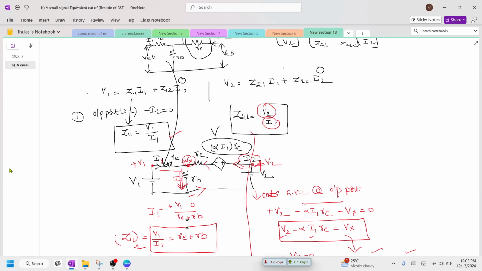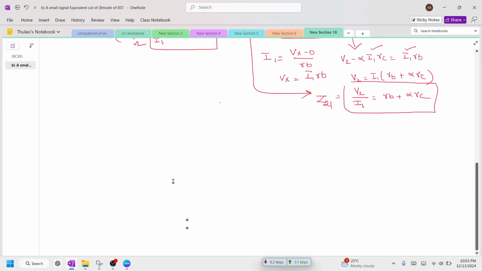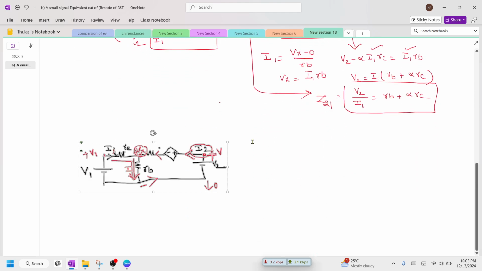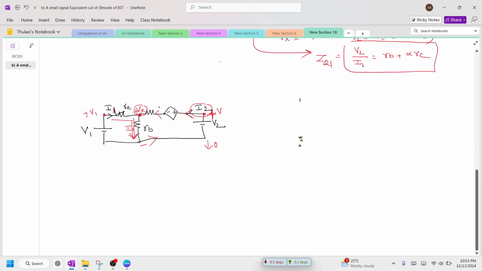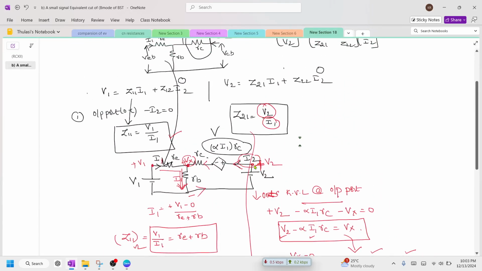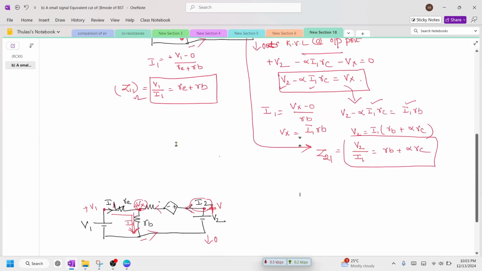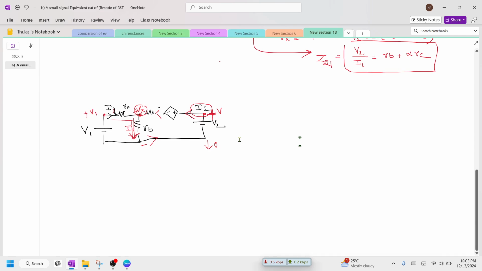So again for the same network we are going to perform in reverse. Again what we require is these two equations. We have performed it on the output side.